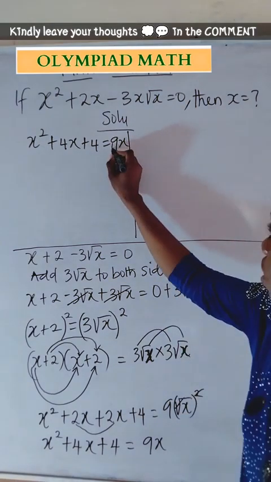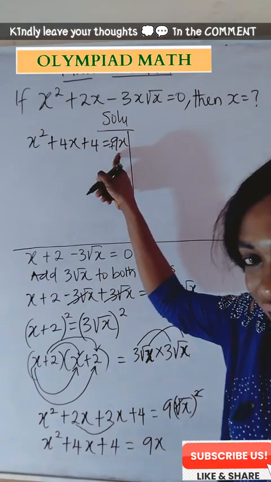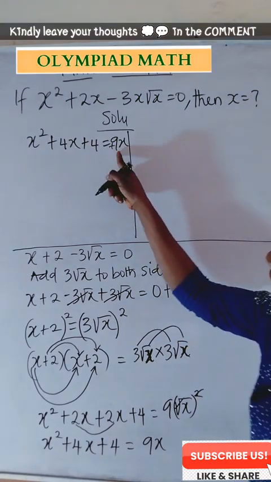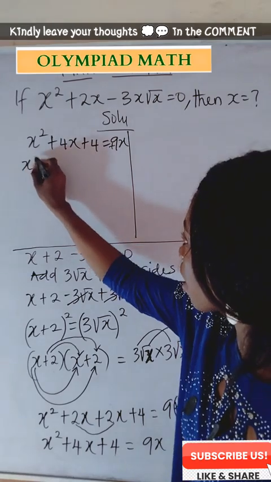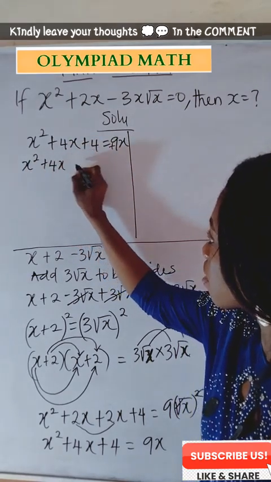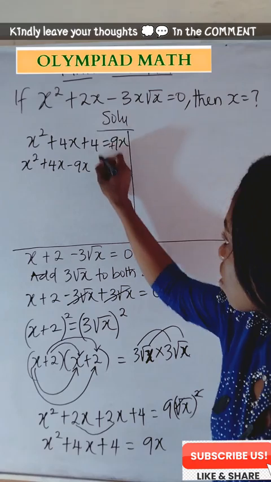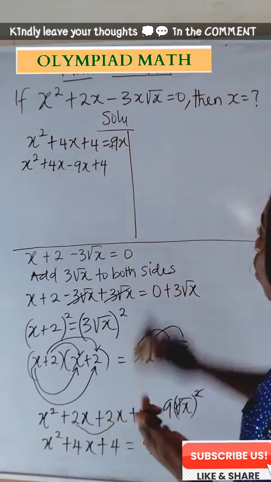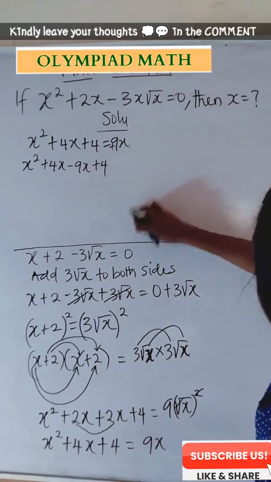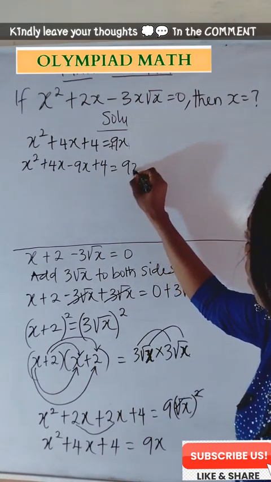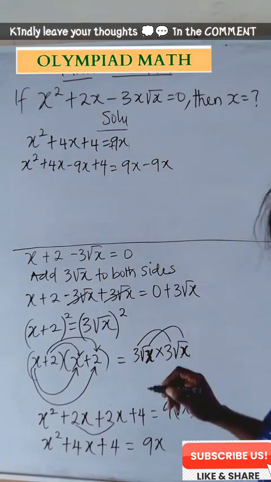Remember, the sign here is positive, so to remove it, use its additive inverse, which will now be negative. So we are going to subtract from both sides. So we have x squared plus 4x minus 9x plus this 4, is equal to 9x minus 9x.